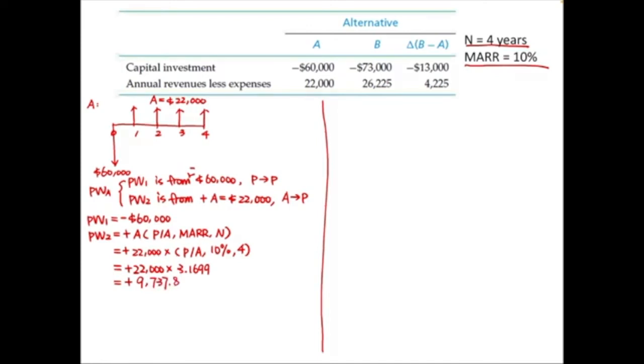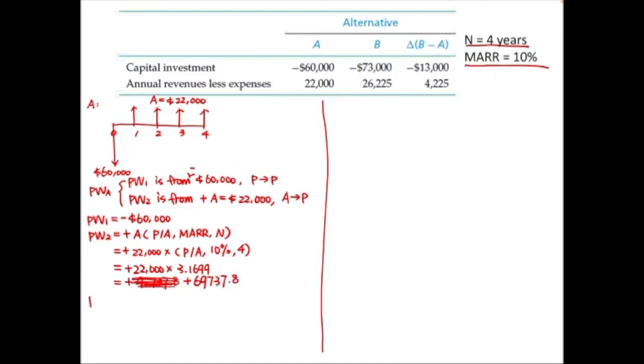Let me see, what's the value of that? So it's 22,000 times 3.1699. So that is positive 69,737.8.